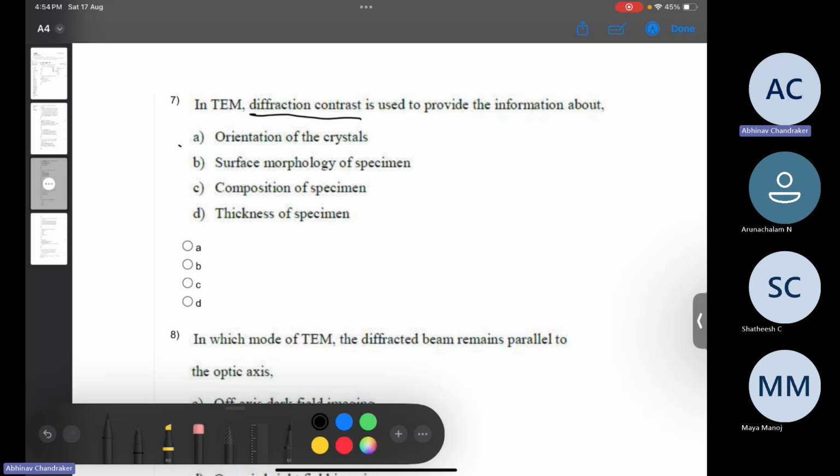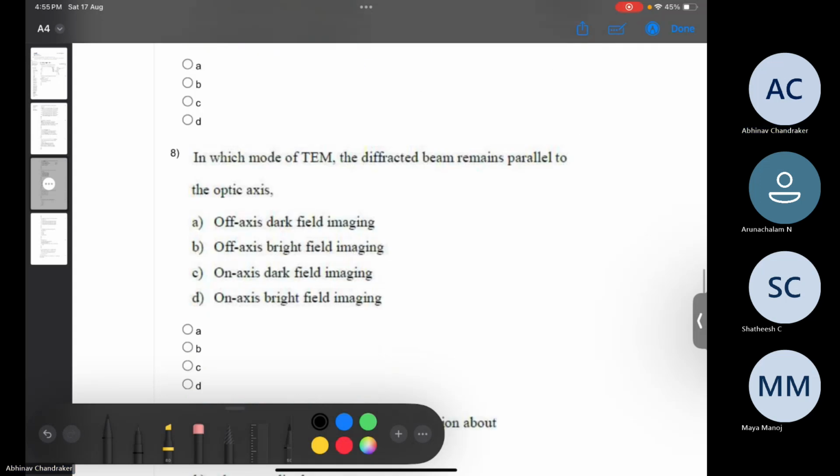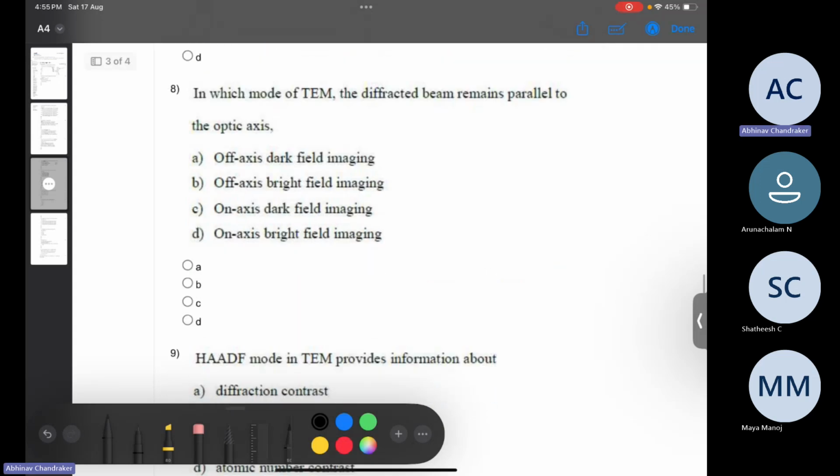So the correct answer is orientation of the crystals, because if there is a single crystal which you are considering for imaging, then based on the orientation of the atomic planes in this crystal, you will get your dark field image as well as the diffraction pattern, and from that pattern you can tell how the orientation of the atomic planes is by seeing which planes are diffracting. So I hope that was clear.